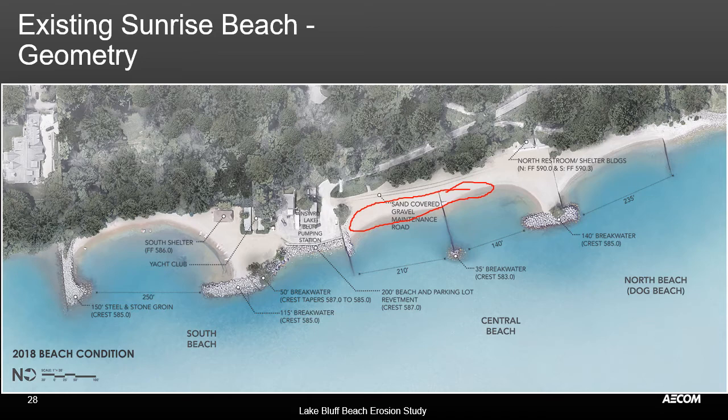We know that there's very little beach formation here, and we want to maintain the stability of the bluff here. So we want to do something to add some beach here and relatively shallow water so that the waves that do get in here can spend their energy as well.